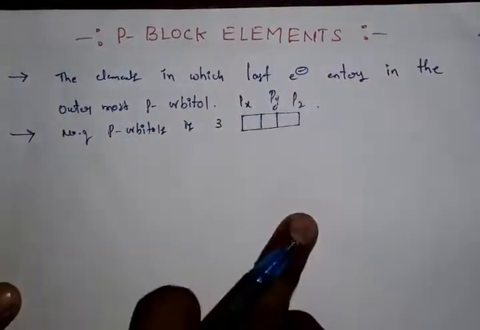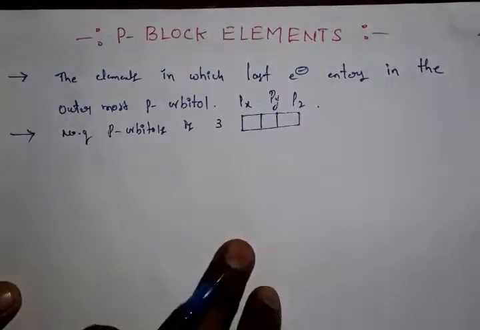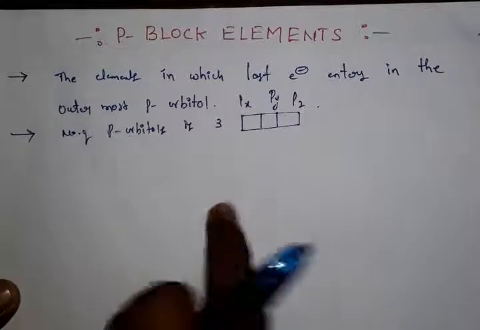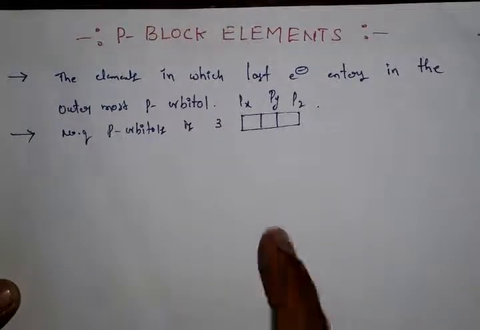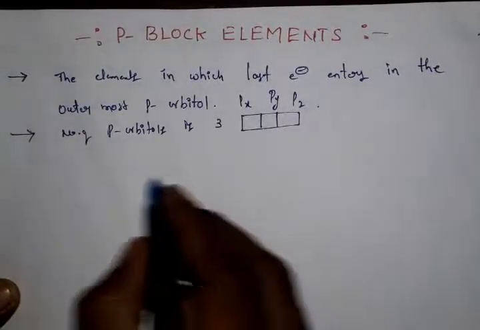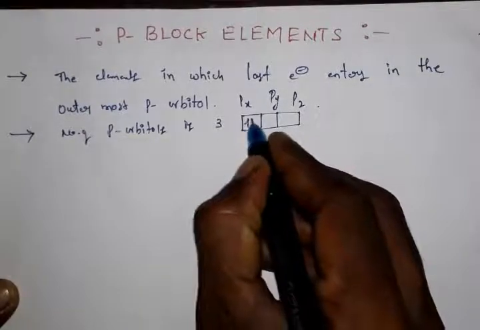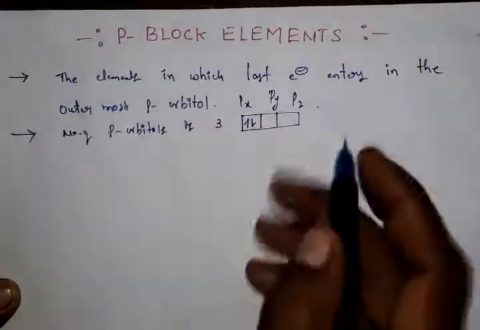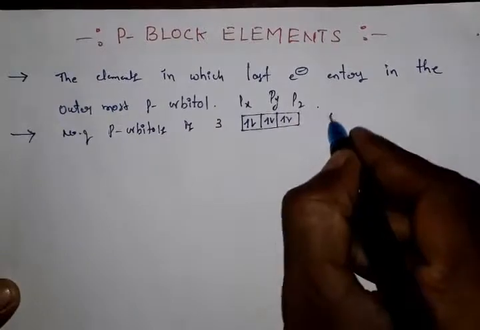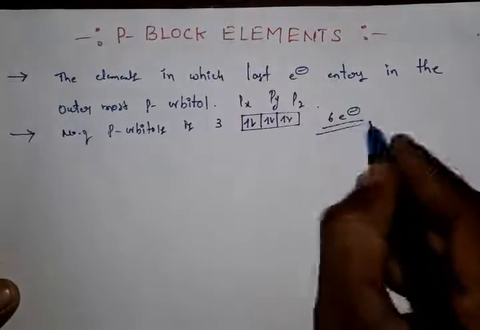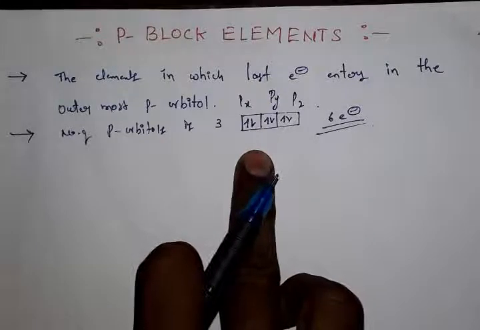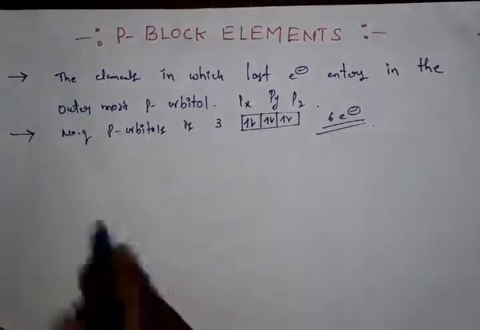The number of p orbitals is 3, and the maximum number of electrons that can be accommodated in p orbitals is 6. Six electrons can be accommodated in the p orbitals.